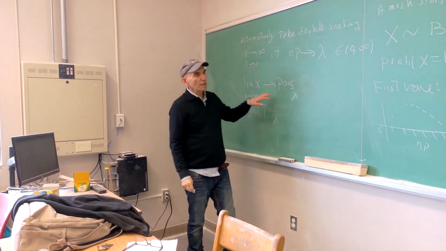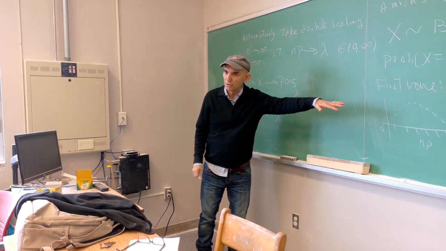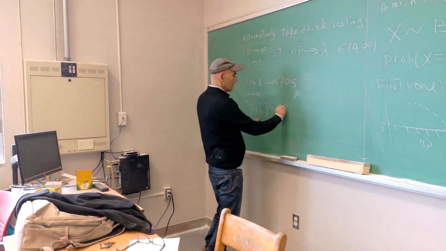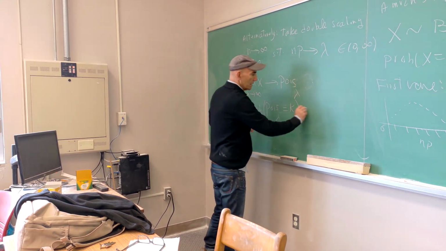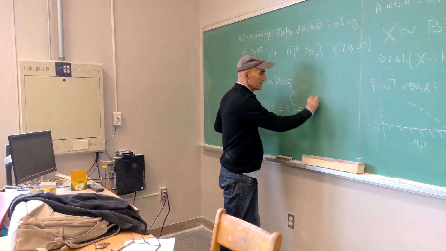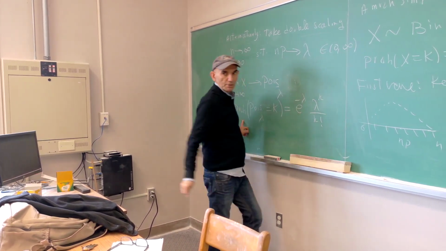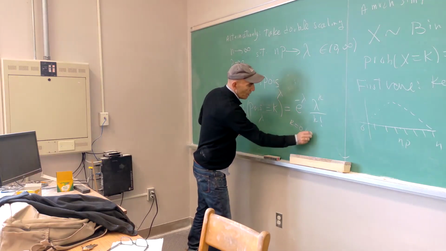Now, of course, it can take any integer values, including 0. The probability that the Poisson value is equal to k is e to the minus lambda, lambda to the k over k factorial, for k equal to 0, 1, 2, and so on.